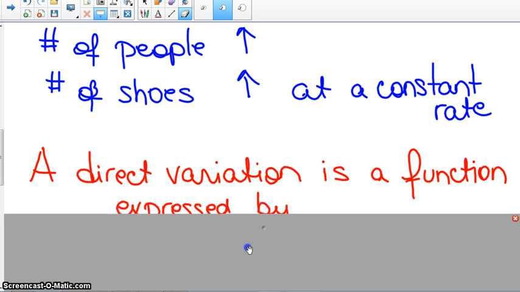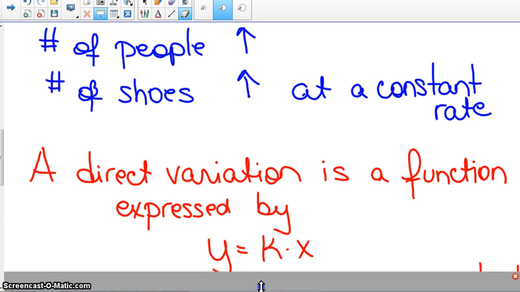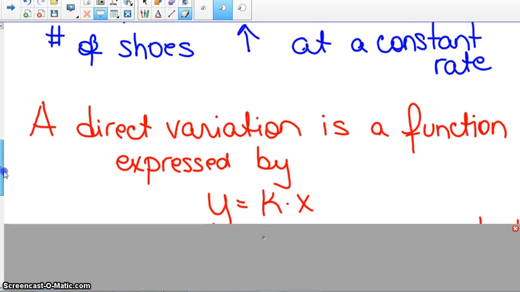A direct variation is a function. That's what we're studying right now. A direct variation is a function expressed by y equals k times x. And we're going to talk about how this relates to shoes and constants and rates in a second. So just get this down.